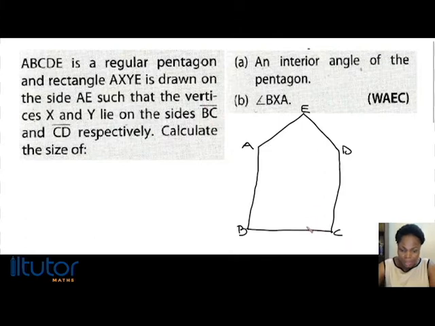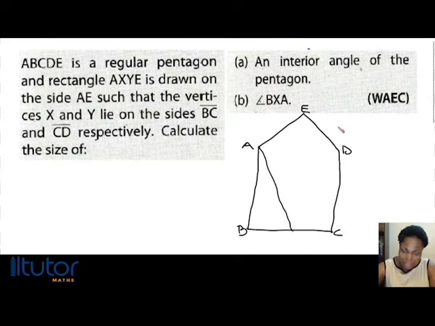Now this is line BC, so one of the vertices, which is X, will lie on this line BC and Y will lie on line CD.